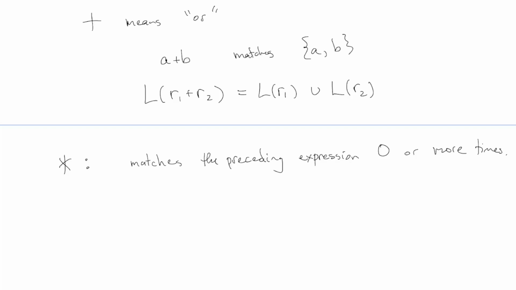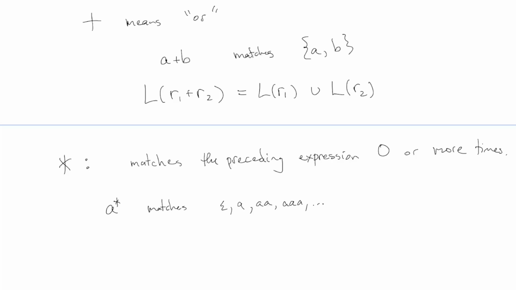So it basically represents repetition, although I'm not going to use the word repetition for reasons that you'll see in a moment. But for example, A star matches the empty string, A, etc. Right? 0 or more times. So the empty string is always matched by anything with a star.